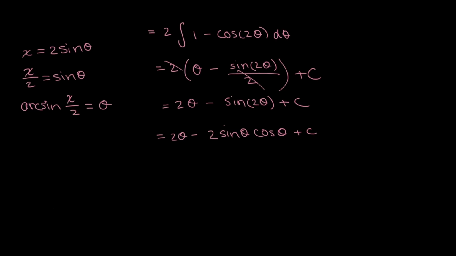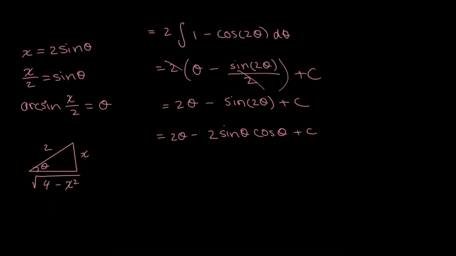Now to find cosine theta, I will be constructing a triangle to find it using the Pythagorean theorem. So if I have my sine theta equal to x over 2, and I know that sine theta is equal to the opposite over the hypotenuse, then I know that my opposite side over here is x, and my hypotenuse is 2, and my missing side here is just going to be the square root of 4 minus x squared, because 2 squared minus x squared, right?